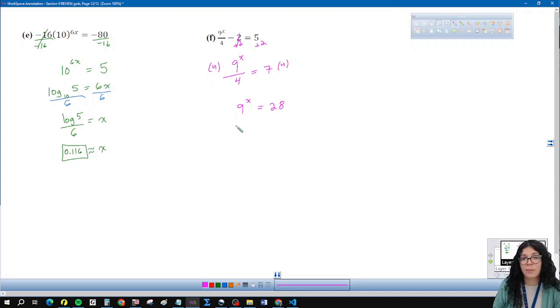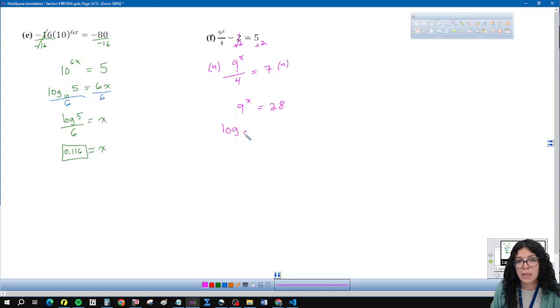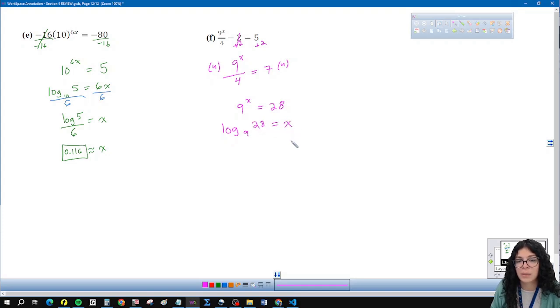Okay, so now I have my exponent by itself, so now I'll switch it to log form. So I have now log base 9 of 28 equals x. Now on my calculator, log is common log base 10. So in order to punch this into my calculator, I will need to do the change of base formula. So I will do log 28 divided by log 9.